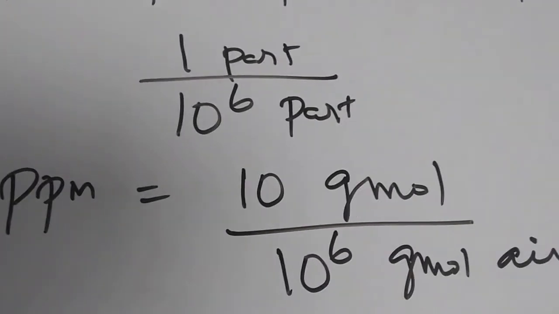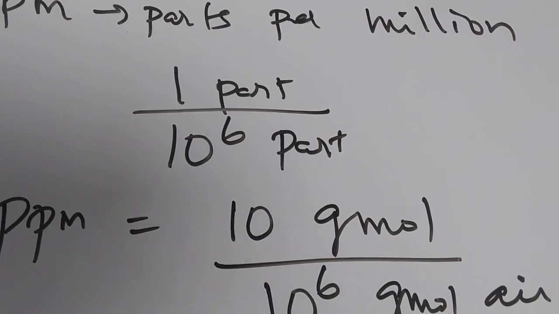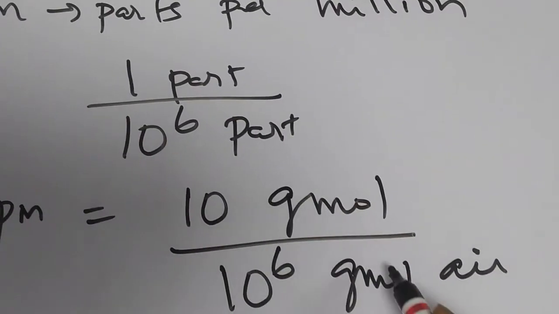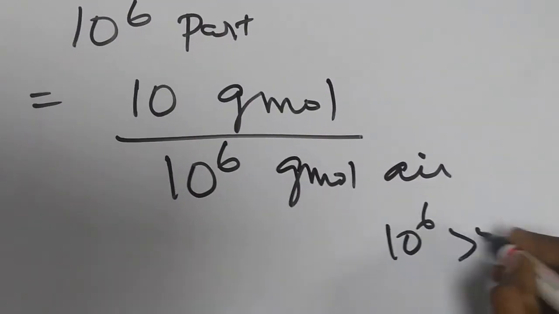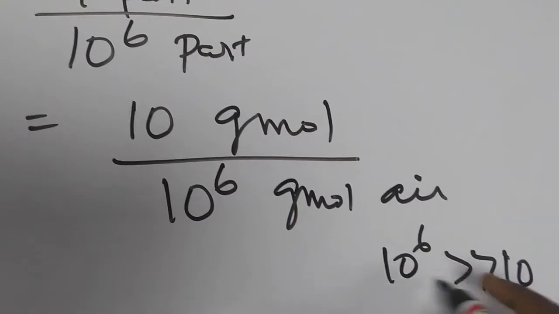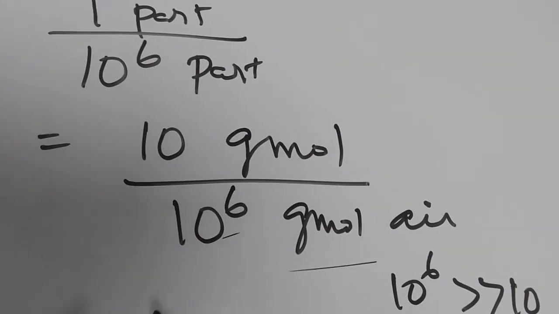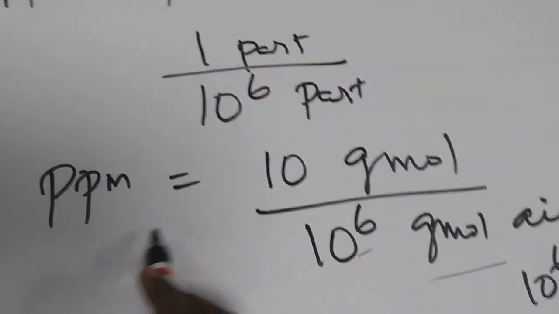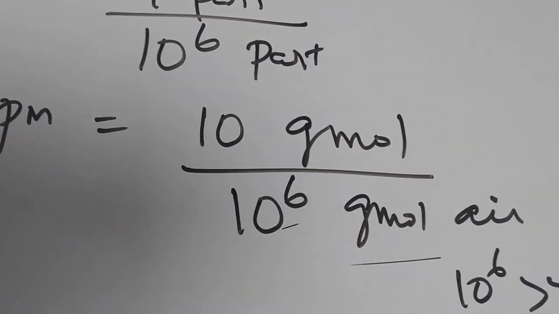Actually it is 10 power 6 plus this 10 gram mole, but 10 power 6 is very much greater than 10, so we only take gram moles of air.